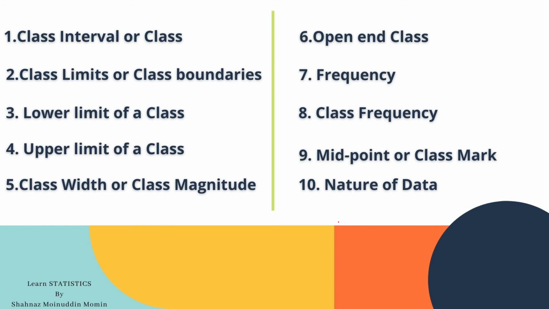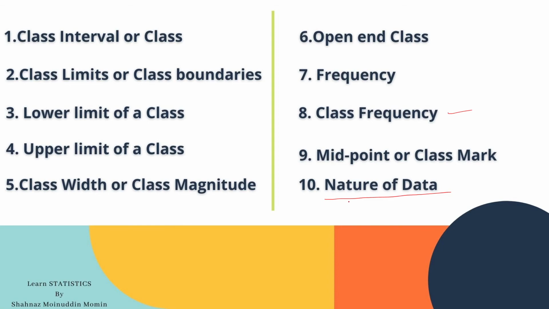In this lecture we have learned the statistical concepts: class interval or class, class limit, class boundaries, lower limit of a class, upper limit of a class, class width, open-end classes, frequency, class frequency, midpoint of a class or class mark, and the last one is nature of the data.